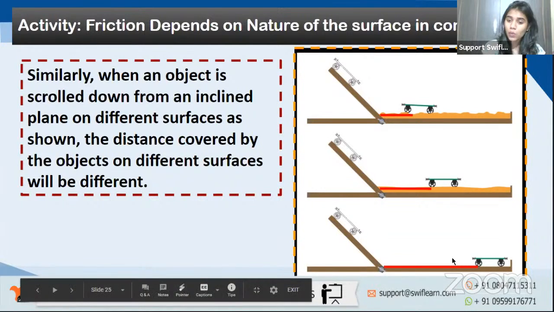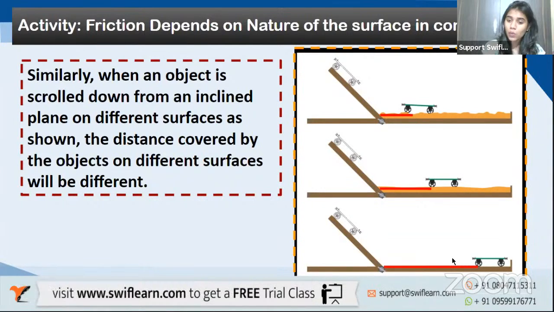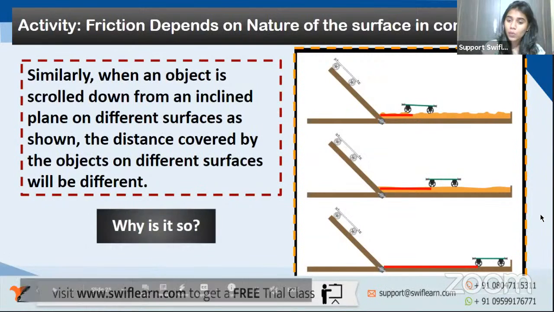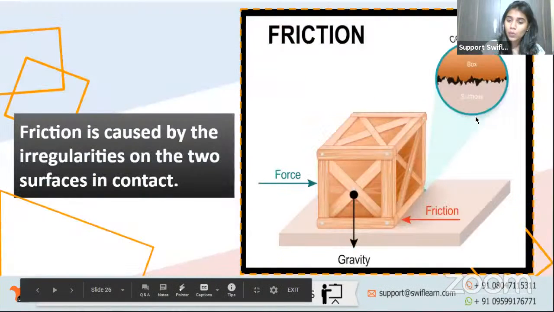In the third case, I've taken a super smooth surface, and I have put the cart down, and the cart moves for a longer distance. This means what? The friction is very less, right? If friction is very less, it can move easily, right? So by this we can understand better that friction depends upon the nature of the surface in contact.